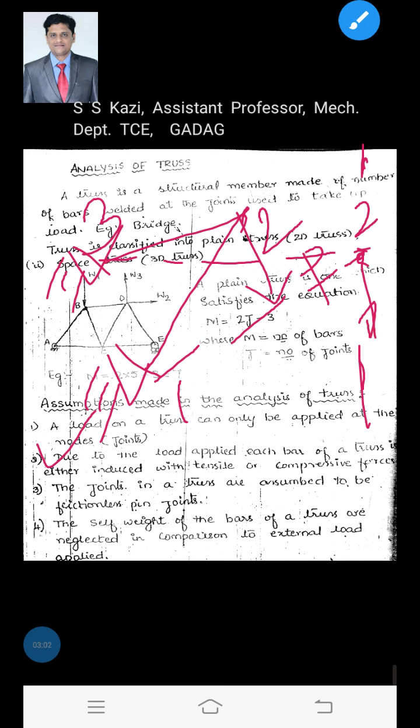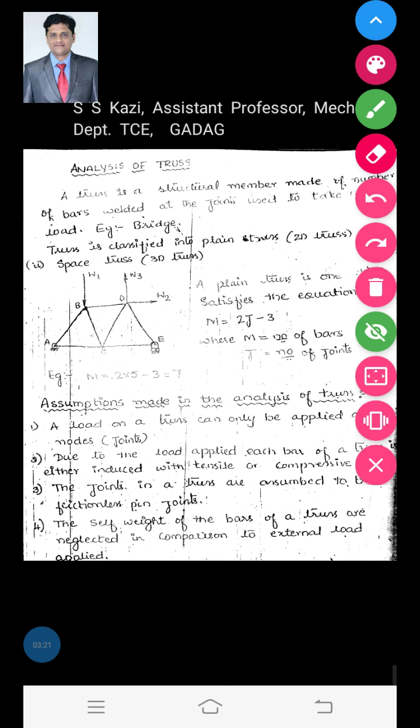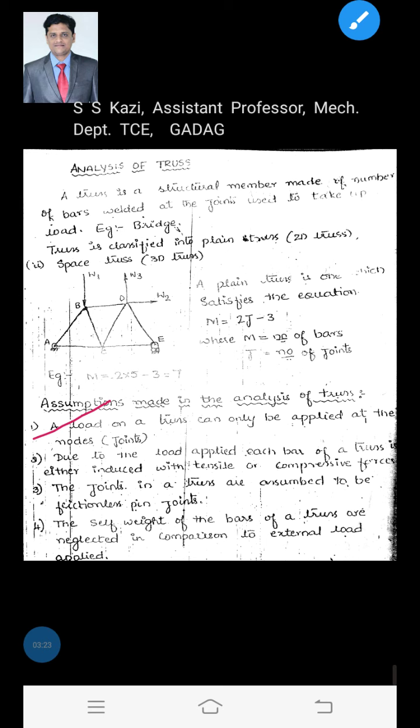Then you can observe here this bar has been expanded due to the load applied, and this bar has been contracted like this. Hence, the second assumption says that due to the load applied, each bar of a truss is either induced with tensile or compressive forces.